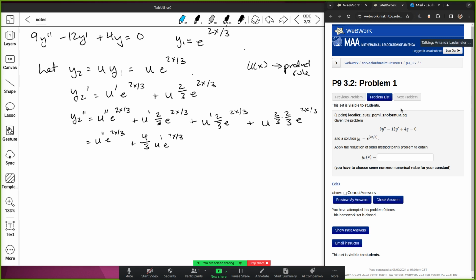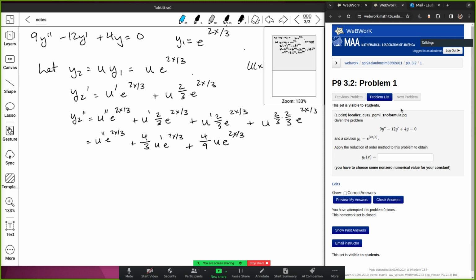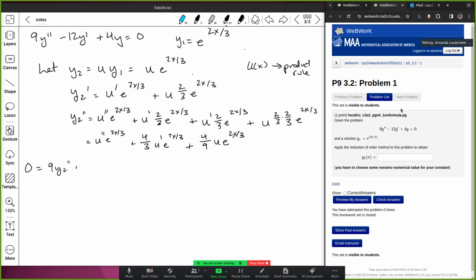There we go. And then 2/3 times 2/3 is 4/9 for that last term, u e to the 2x over 3. Okay. So now that we have all the derivatives, we can go ahead and plug into our ODE. 0 equals 9 y2 double prime minus 12 y2 prime plus 4 y2.